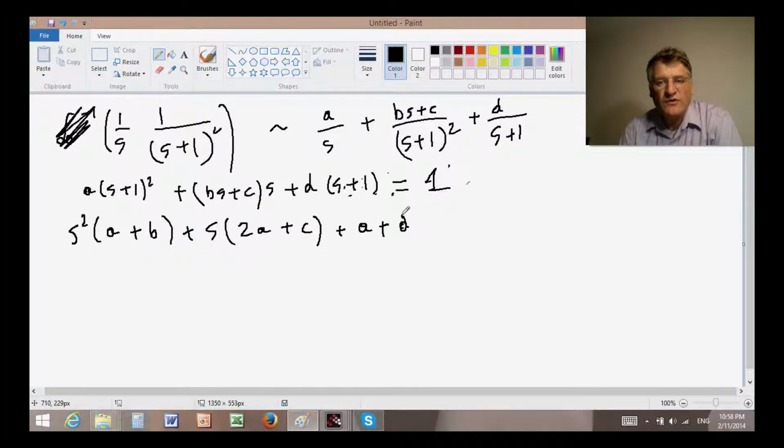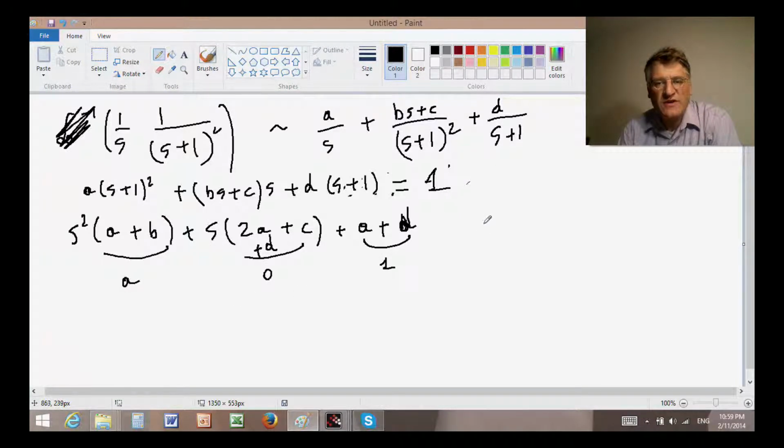Okay, so we must have that this guy is equal to 1, this guy must be equal to 0, this one must be equal to 0. Okay, all right. So given this, and rewriting d a little more cleanly, by the way, I forgot something here, 2a plus c plus d. Okay, I think now we're better.